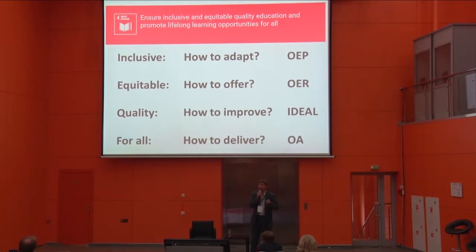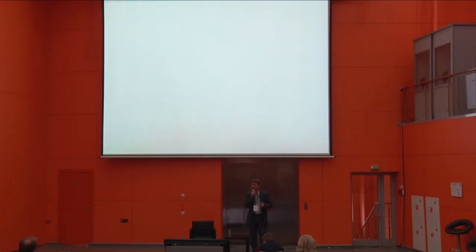And of course, very important, quality education has to meet the quality standards and the quality levels. How can we improve that? For example, through a framework like IDEAL that I will present in a minute. And quality education for all, that means we have to deliver to all groups. And here open access is the most important, so that everybody can gain access to quality education.